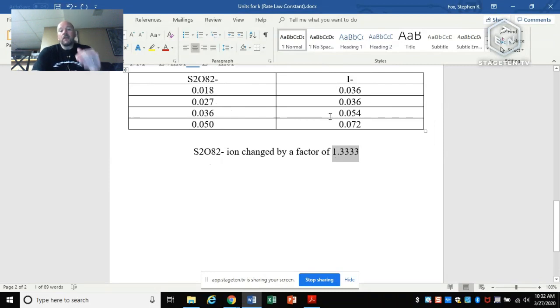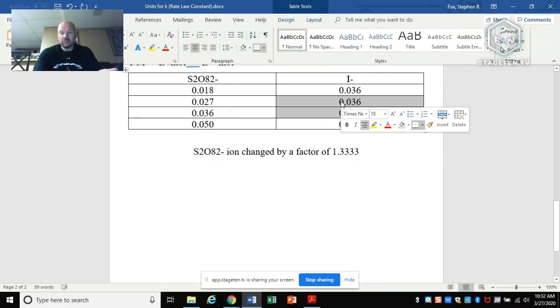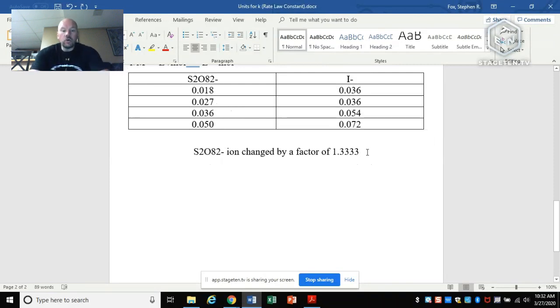But if the rate does anything else besides increase by a factor of 1.33, that has to be attributed to the I minus change. So let's look at that change: 0.054 divided by 0.036 gives us 1.5. So the I minus changed by a factor of 1.5.